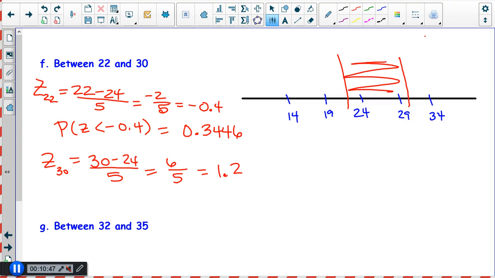It's all your probabilities for your Z-scores, all right? And this is why I round Z-scores to the hundredths, because of this chart right here. So 1.2, 0.8849. Very good.